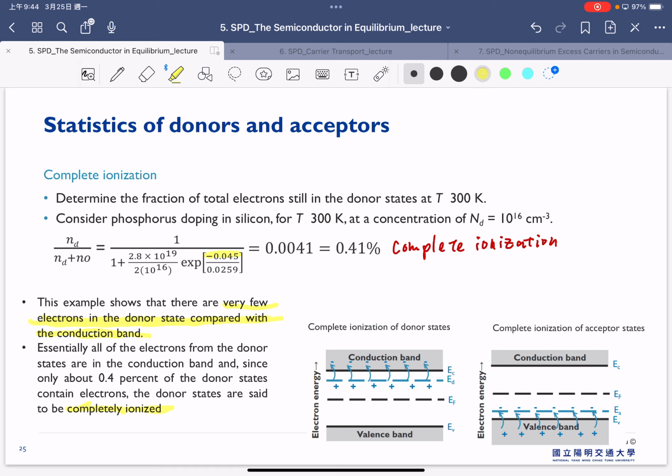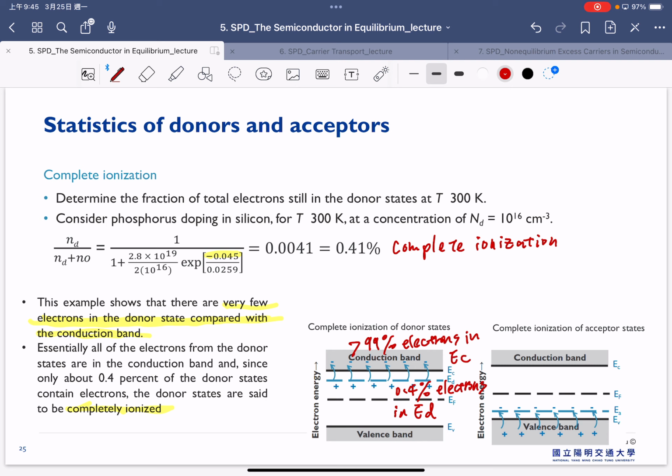If we use these figures, that can also help us. There are only 0.4% electrons still in the donor state, but more than 99% electrons in the conduction band.